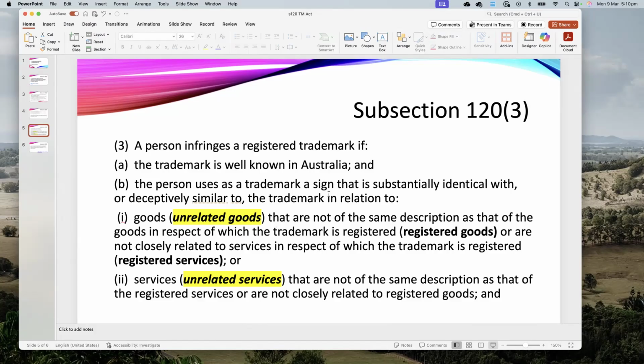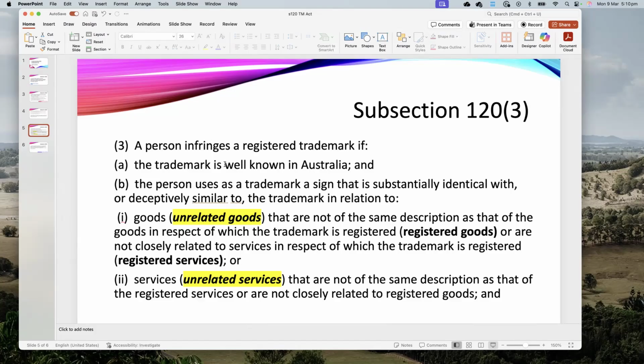And this is why we have the extra requirements in subsection 3, because if somebody is going to allege confusion or try to stop somebody using a mark in relation to trade that is completely unrelated to their own, they better be able to show some good reasons why they're trying to stop that behavior, right? And this is why the trademark has to be well known.